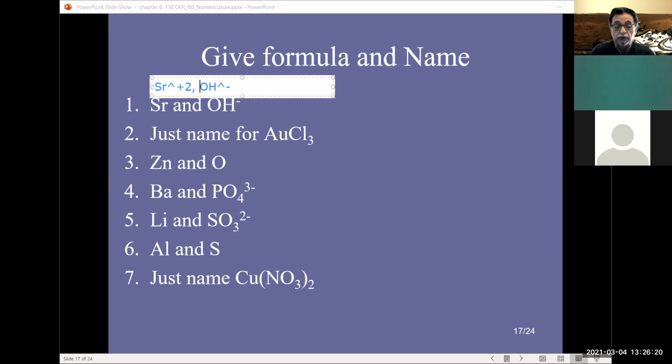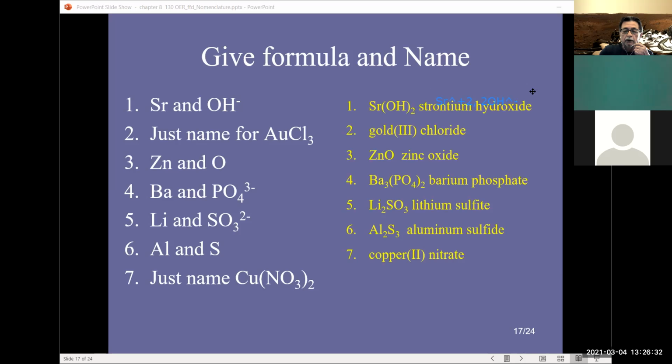So that means we need 2 hydroxides, because we want to put them together and cancel out the charge. So our formula is Sr(OH)₂.